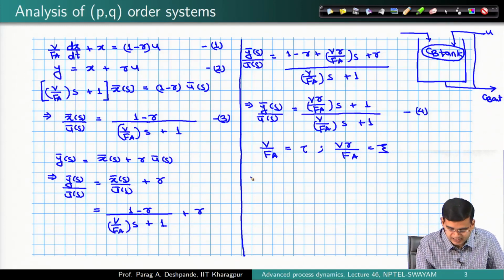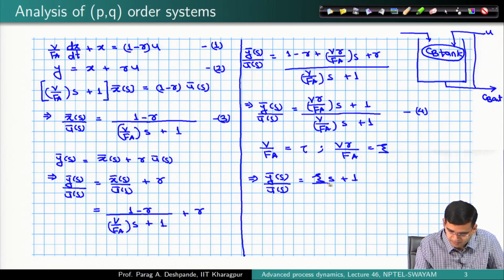And if that is the case, then I can write y bar of s upon u bar of s is equal to zeta s plus 1 upon tau s plus 1, equation number 5.